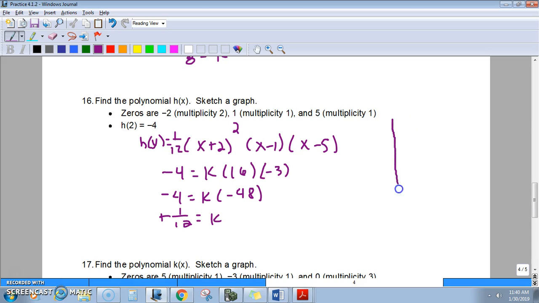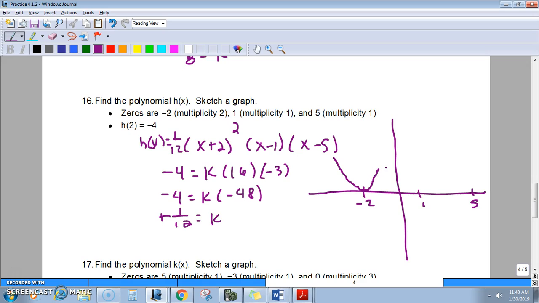And if I want to quickly sketch it, my zeros are -2, 1 and 5. It's positive, degree 4, so both ends are going to point up. The -2 is squared, so it's going to do this.